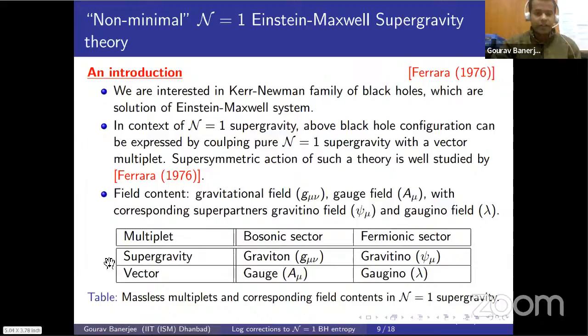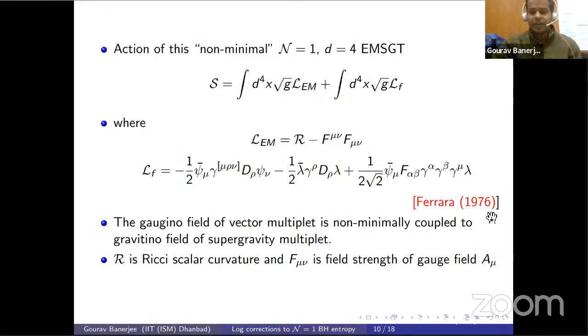So in this theory, the one vector multiplet is non-minimally coupled to supergravity theory. And the supersymmetric action is well studied in the paper of Ferrara. We have extracted only the one loop part of the action from this paper.